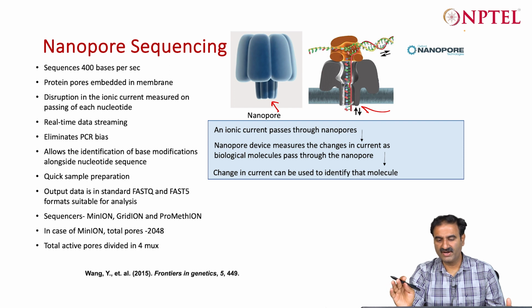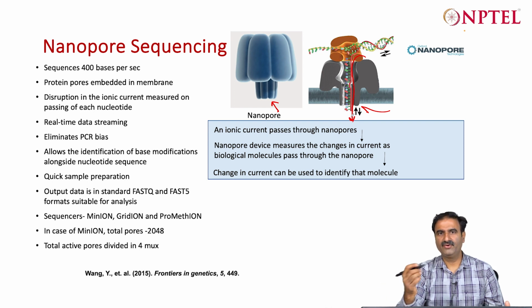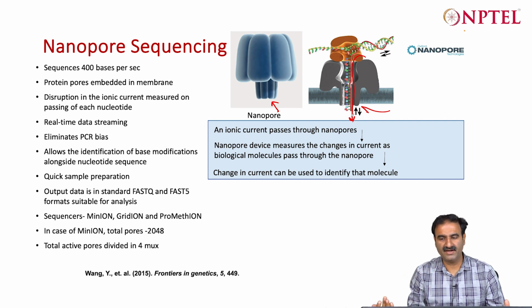Instead, when the DNA molecule is passing through this pore, ions are also passing, which can be detected as a small current. But when the flow of those ions is blocked, it leads to a change in current that I detect at the end.